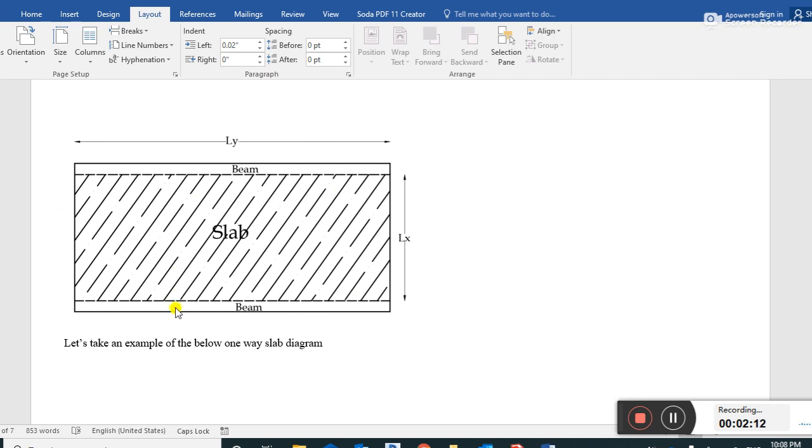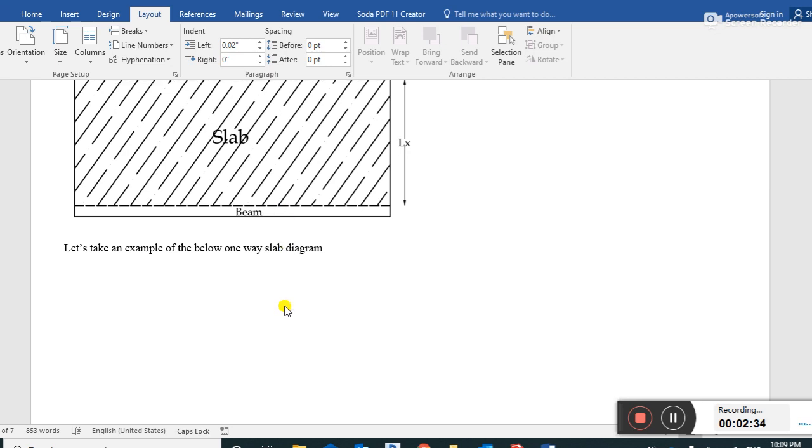This is the slab, this is the beam. The slab obviously rests on the beam. Two sides are beams, or maybe four sides, and this beam transfers the load to the column, and the column transfers the load to the footings and foundation. Guys, these are the basics.